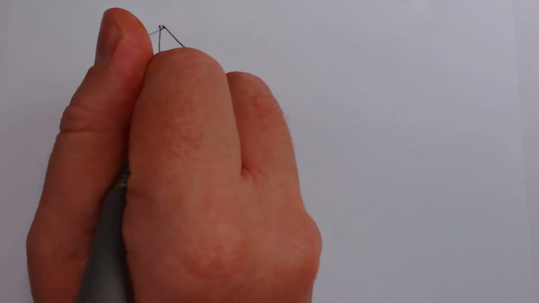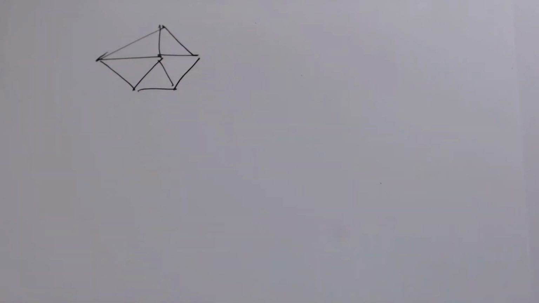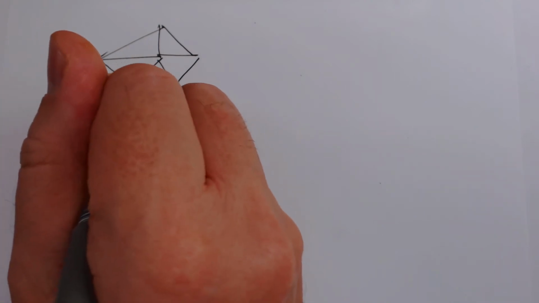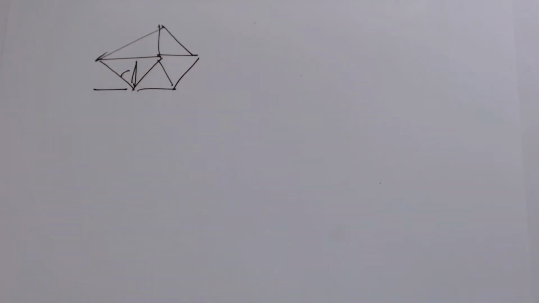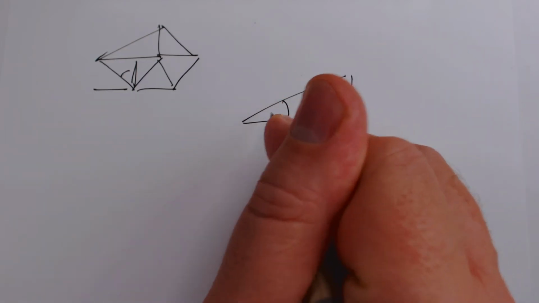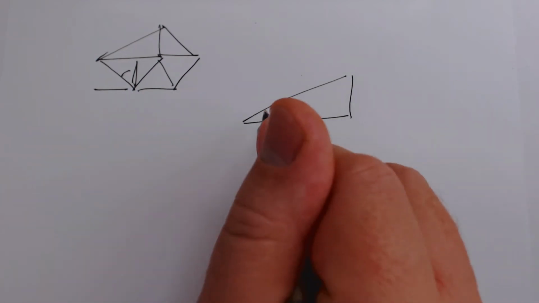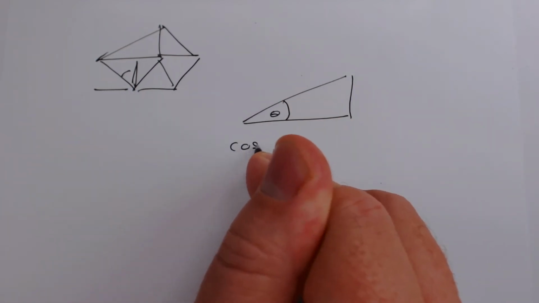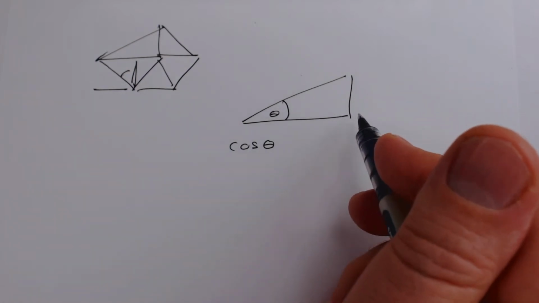So frameworks will have shapes like triangles all connected up, and normally we've got to kind of resolve a force maybe along the vertical and along the horizontal. And I said to you that it's always best really to be trying to cut things up and use cos theta all the time. So avoid using sine theta.